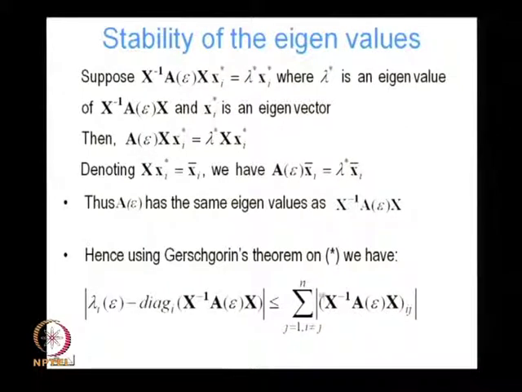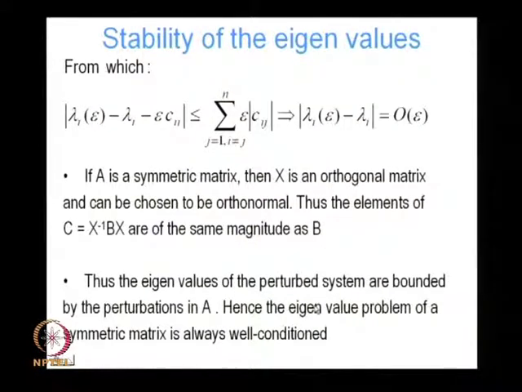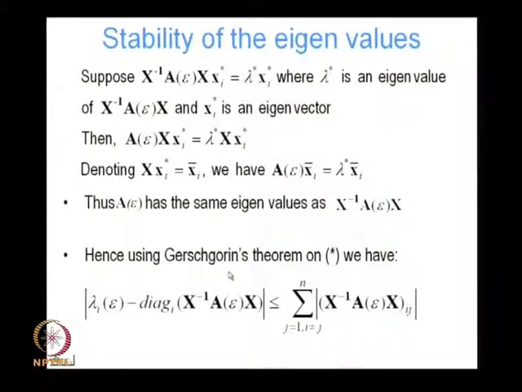It has to satisfy this equation from Gershgorin's theorem, diagonal minus off diagonal, from which lambda i epsilon follows.